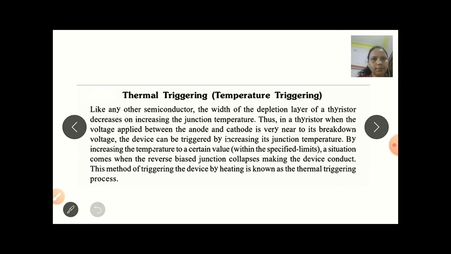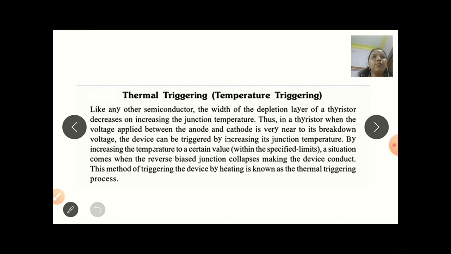If we increase the applied voltage, the voltage across the junction J2 reaches the breakdown voltage, known as VBO, the forward breakdown voltage, at which the junction J2 breaks down. That means avalanche breakdown is reached.